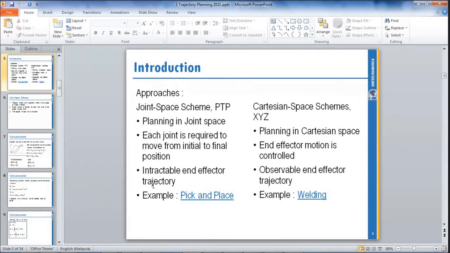The end effector trajectory is intractable. An example motion of joint space scheme is a pick and place motion. In Cartesian space, planning is done in Cartesian space, and the end effector motion is controlled, so the end effector trajectory is observable. An example of Cartesian space is a welding process.